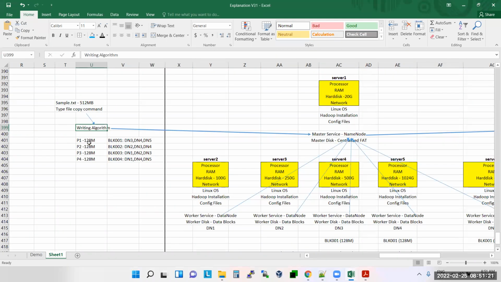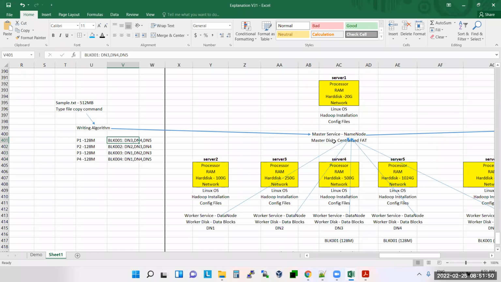Now the writing algorithm will cut the data into pieces. Once it is done, the writing algorithm will ask the name node again, I have these many pieces, tell me what name I should give for each piece and where each piece should be stored. Now the name node will decide the name of the piece and where it should be stored, in which data node.